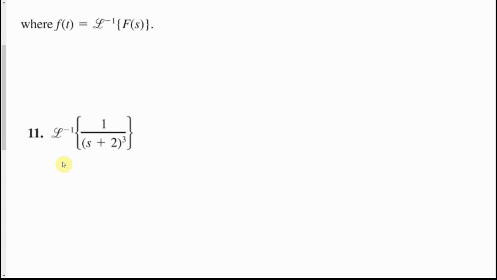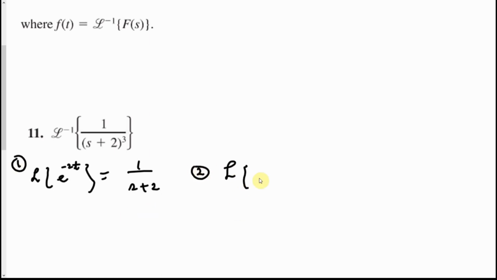If you look at this, there are two things going on here. One is I see the Laplace transform of e to the negative 2t, which is 1 over s plus 2. You see that, right? So that's one. And then number two, you want to be able to see the Laplace transform of t squared, which is 2 all over s to the third.